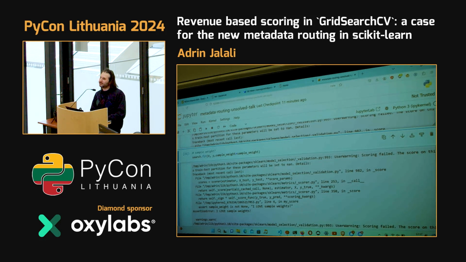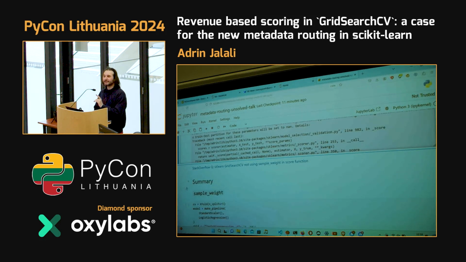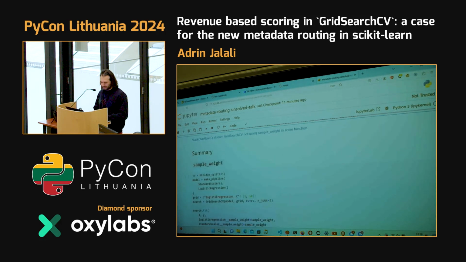GridSearchCV uses sample weights for the steps when it wants to fit, but it doesn't pass it to the scorer. You could argue that this is a bug, but we wouldn't even notice it in the old days, unless you had a custom scorer and you were like, I really need sample weight. So this is the second thing which is hard or doesn't work.